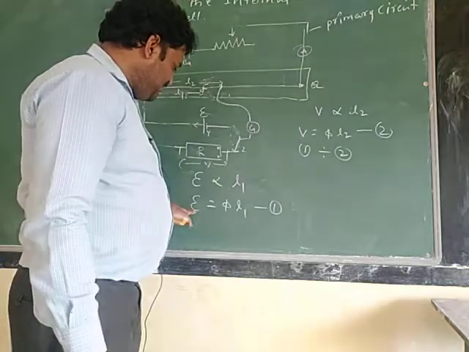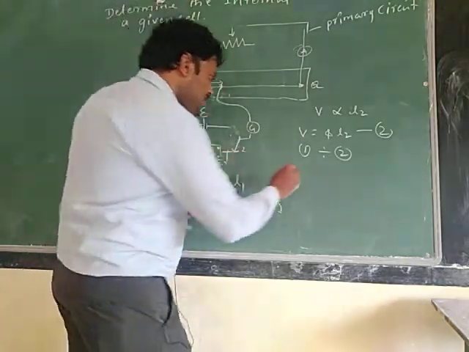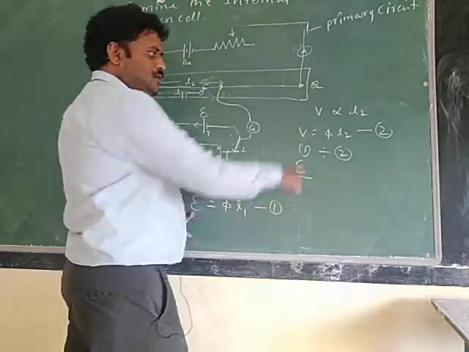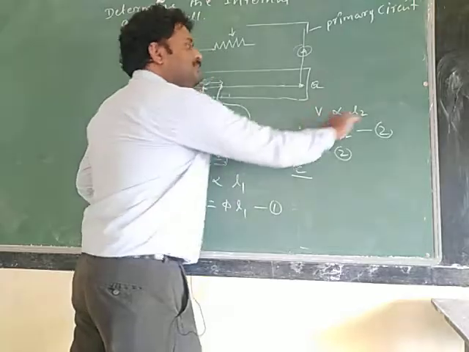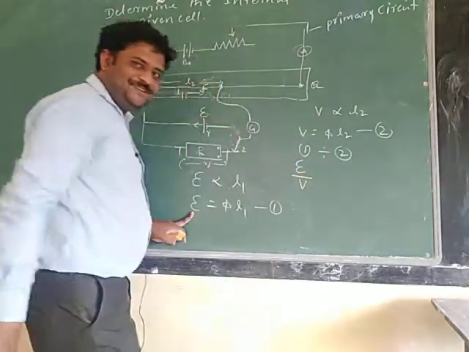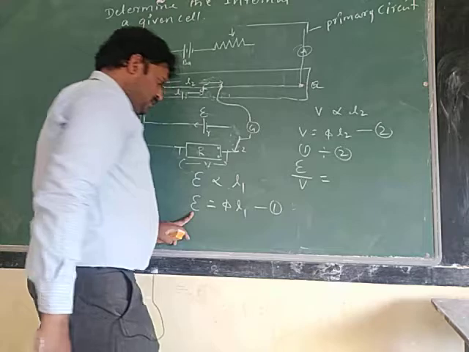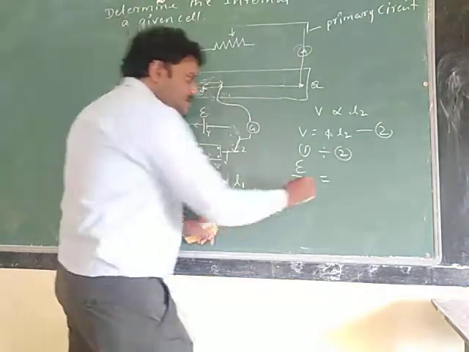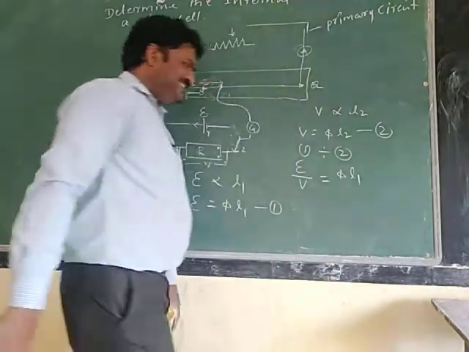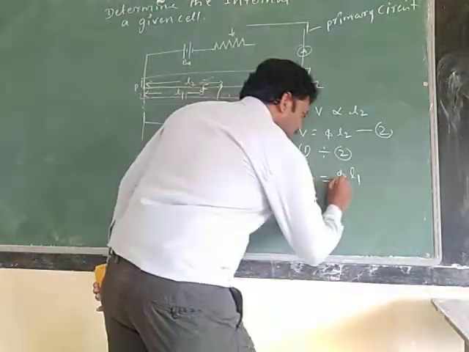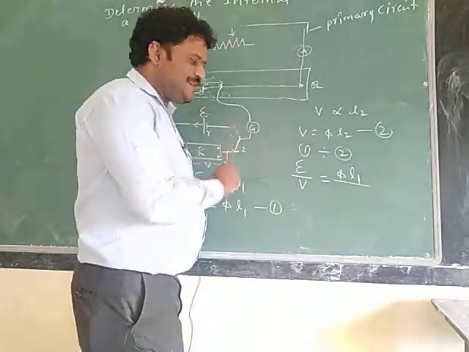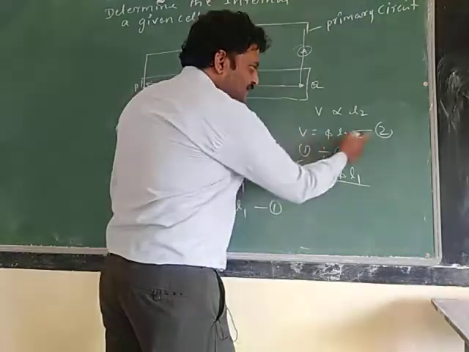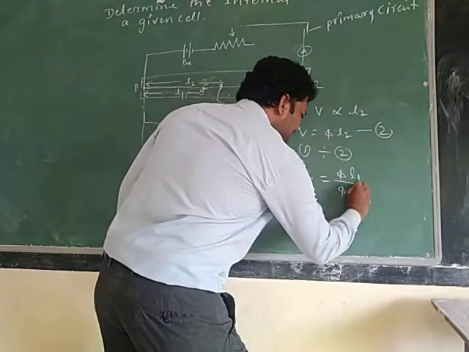So what's the equation here? It's E on the left hand side of the first equation and V on the left hand side of the second equation, E by V. That is equal to the right hand side of the first equation, phi L1, divided by the right hand side of the second equation, phi into L2.